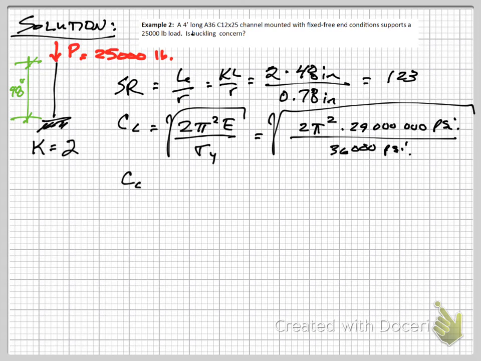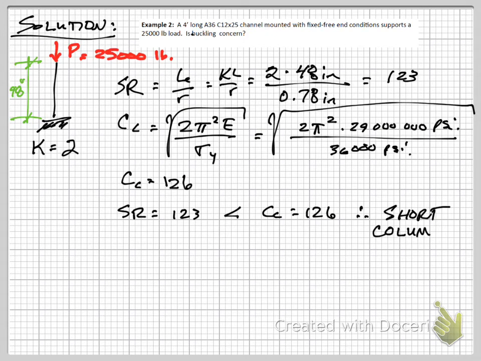So I get a column constant of 126. So my slenderness ratio of 123 is less than the column constant of 126. Therefore, it is a short column. Therefore, use the Johnson equation. So let's do that.